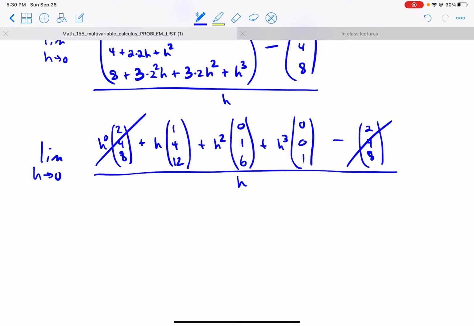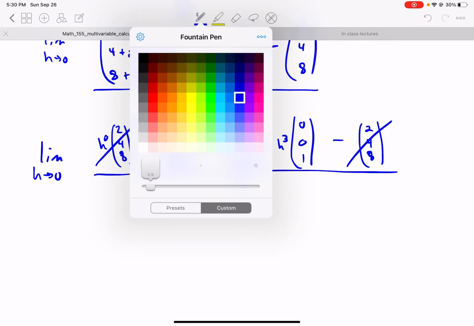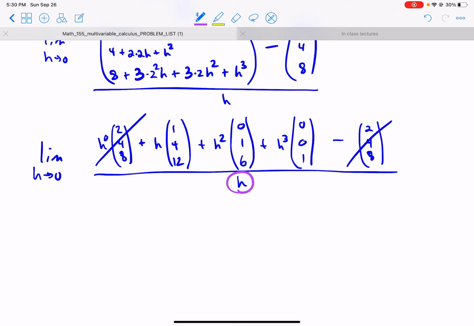So this h will come through and distribute to all the terms. These, of course, have already canceled. So what I'm going to have here is just a 1, 4, 12 left over times a 1, because h divided by h is 1.